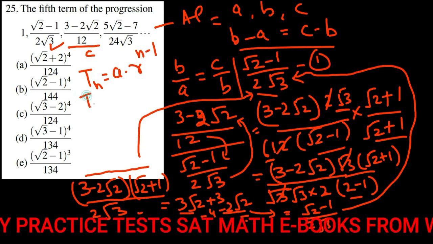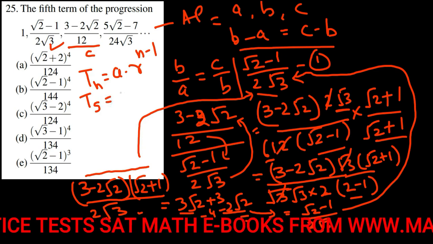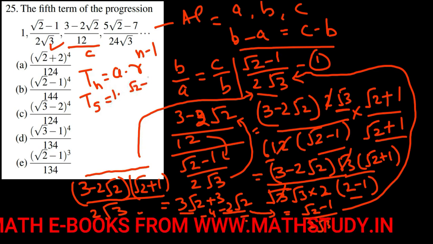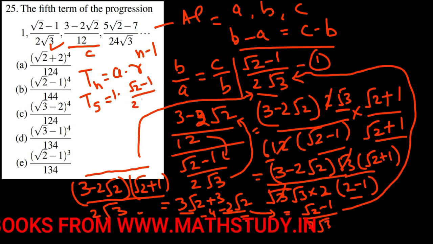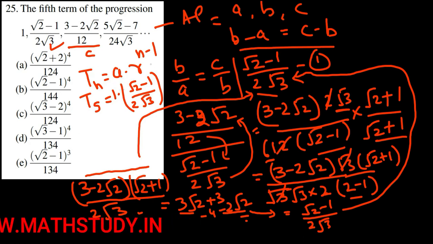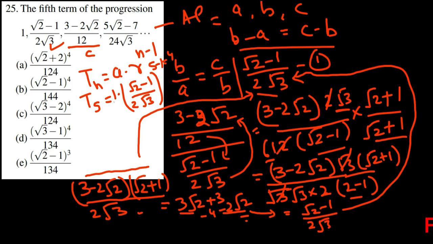So here we write T5 equals a is 1 and r is root 2 minus 1 upon 2 root 3 whole raised to the power 5 minus 1, right? 5 minus 1 is equal to 4. Okay, so whole raised to the power 4.